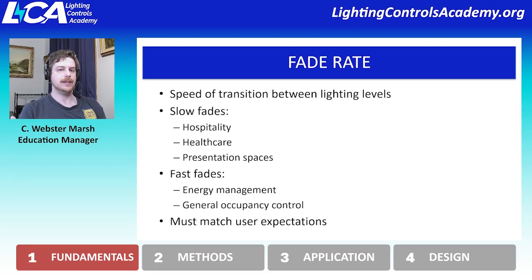But we really want those fades to match the user expectations. If somebody walks into a space and the lights turn on too quickly, and that certainly can happen, that might actually be a less desirable result than if we had a slower transition from off to on or off to 50%. So we need to make sure that the user's expectations are aligned with how long or slow our fades are going to be.